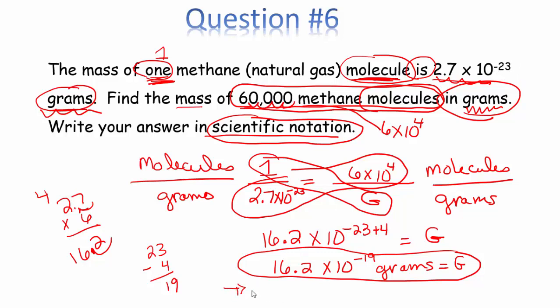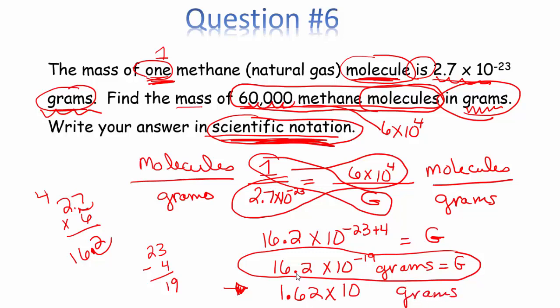But hopefully you were shouting in your heads, not out loud in class, hey, she's not done. Her answer's not in scientific notation. So what do we have to do? To get it in scientific notation, it needs to be 1.62. The number has to fall between 1 and 10 times 10 to some power grams.